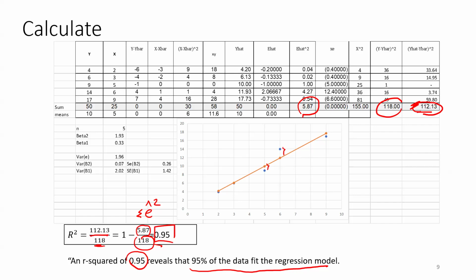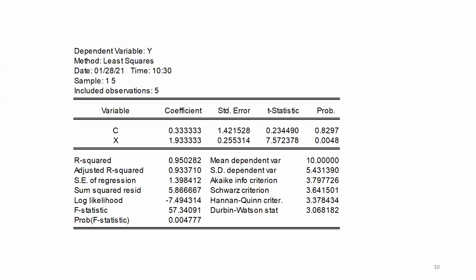Let's see the printout. This is the printout that you have to know how to read. Again, the dependent variable is y. Method least squares, so they use OLS. Included observations, so n equals 5.